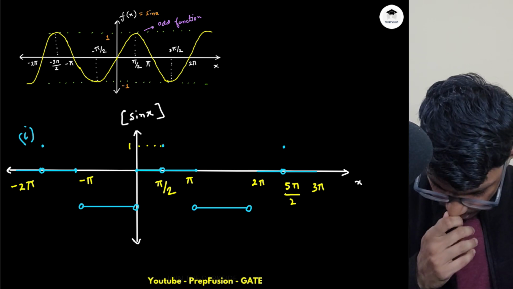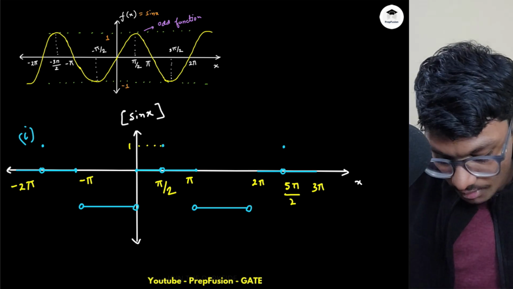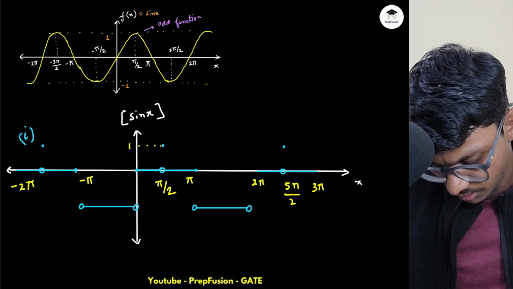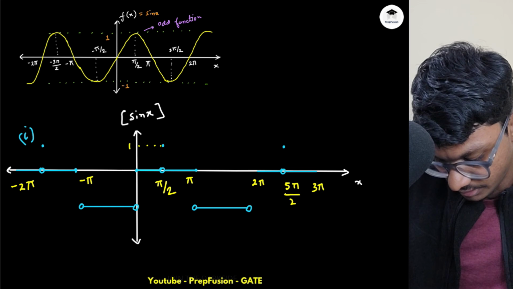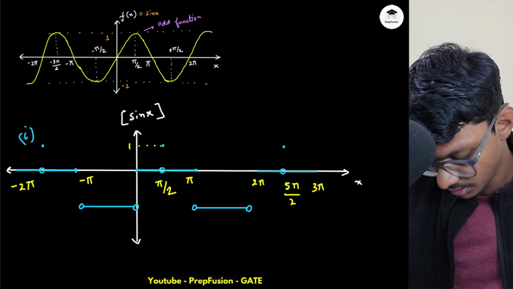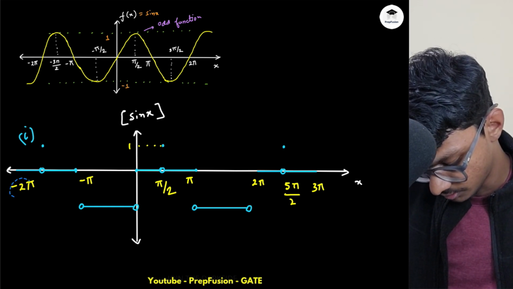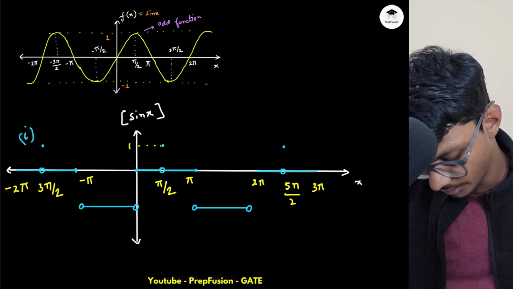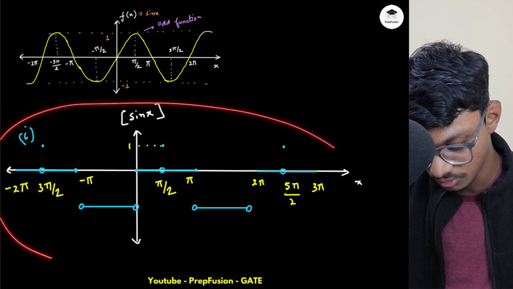Okay, am I correct? Only a sine graph is like this. Yeah, the sine graph is asymmetrical. This is minus pi, this will be minus 2 pi, and this will be 3 pi by 2, right? So yeah, this will be my answer to the first question.